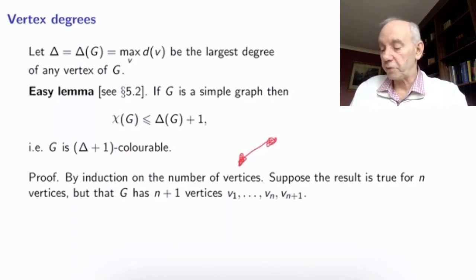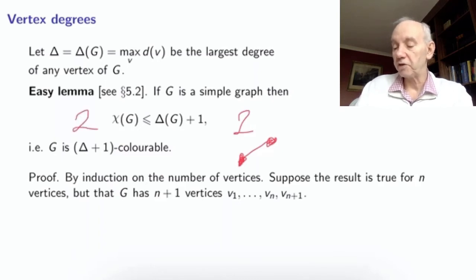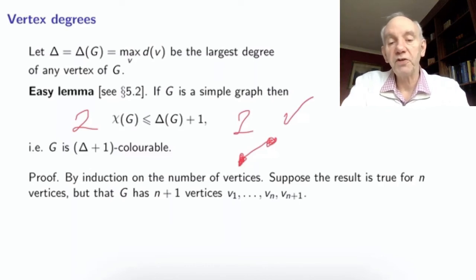Just have 2 vertices, we have to have an edge here. Well, we don't have to have an edge, but certainly the degree of each vertex is 1, so delta plus 1 is 2, and the chromatic number is at worst 2. So that's going to be okay. So we're okay for 2 vertices.